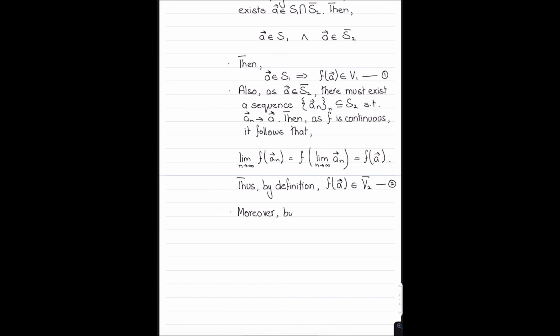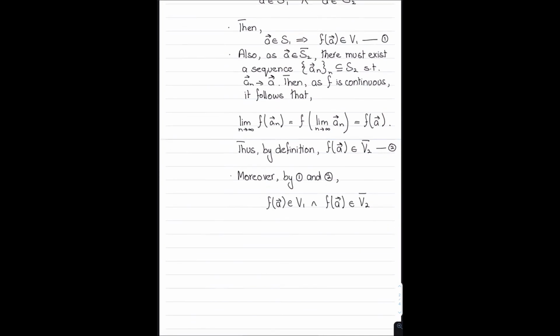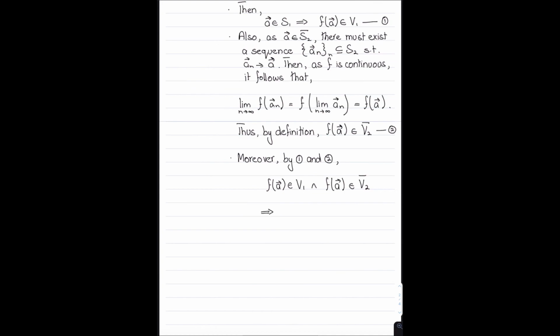By 1 and 2, f of A is in V1 and f of A is in the closure of V2, and this implies that f of A is in V1 intersection with the closure of V2.